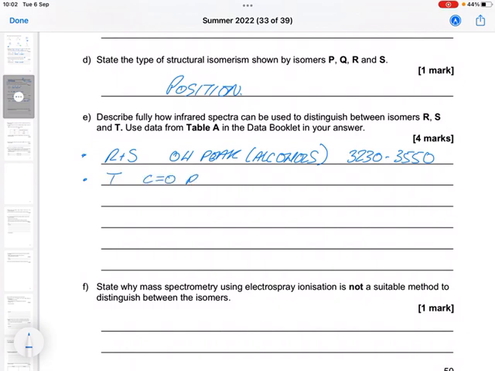So you can identify T from R and S, but R and S are more difficult to distinguish. So for R and S, you need to use the fingerprint region. Remember, that's below 1500, and these are unique to that molecule. That's why they call it the fingerprint region. But then you need to compare it to a database to find out which one it is.